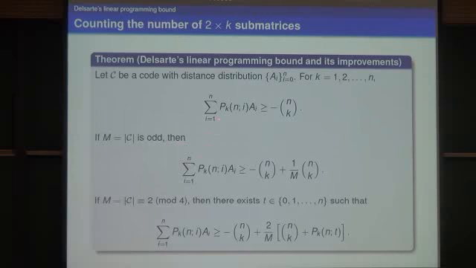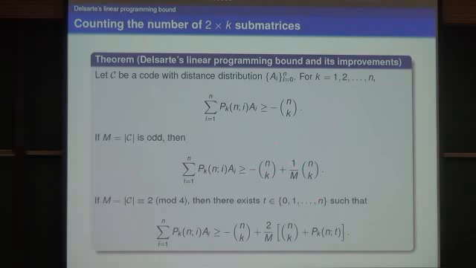Here the sum is from 1 to n; the term for 0 I move to the right side, because in our proof we get this one. And not only that, the Delsarte linear programming bound has two improvements, this improvement and this improvement, which were proved later, not by Delsarte.